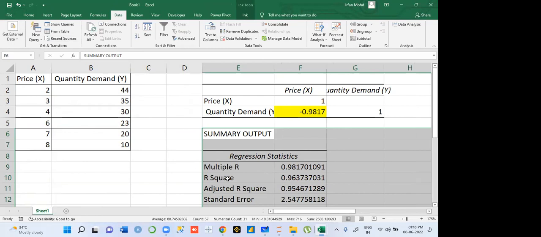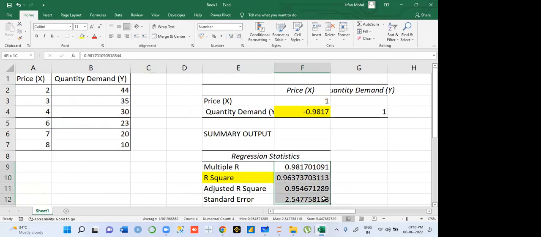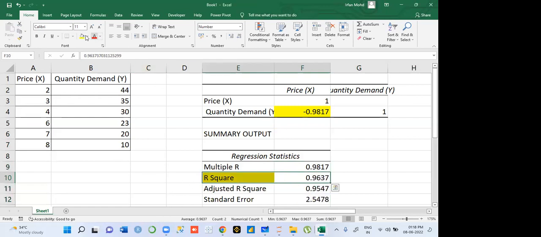Anyone? Cross check in terms of percentage, guys. Similar.